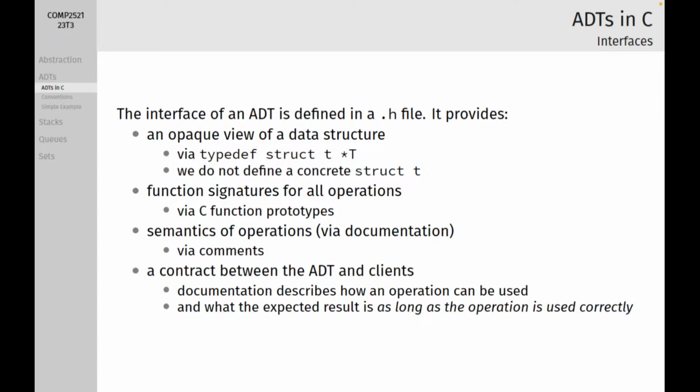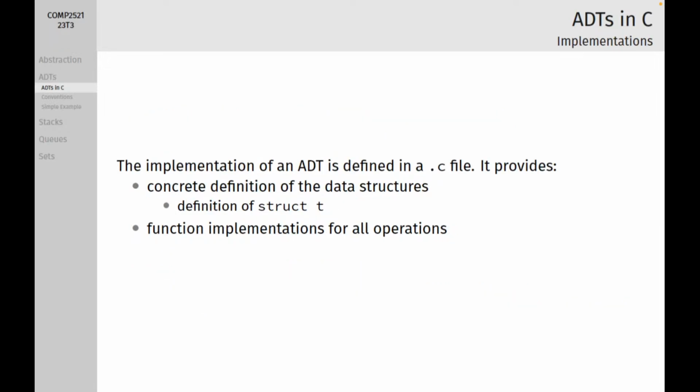When the documentation says that, the user should make sure that whenever they use that operation, they pass in a positive number. Because if they pass in a negative number, then that's not expected by the implementation. All right, and the documentation also describes what the expected result is, as long as the operation is used correctly. We'll get into an example in a bit, don't worry.